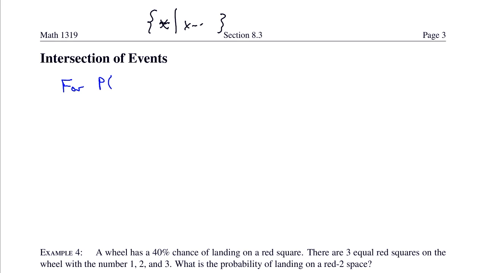For probability of A not equal to 0 and probability of B not equal to 0, we have the following.